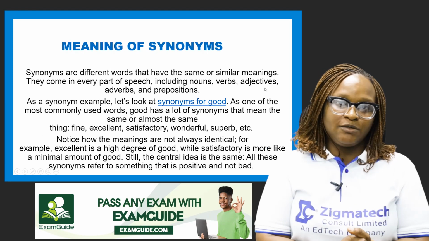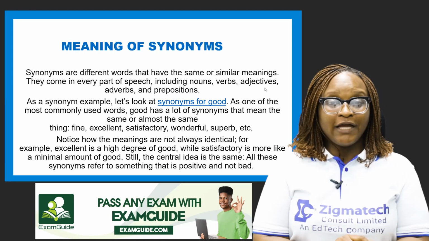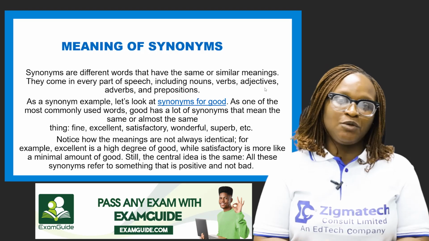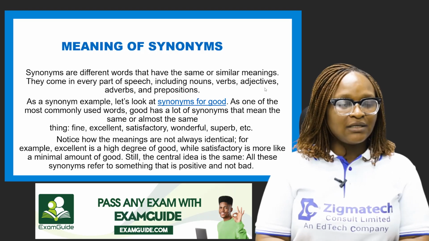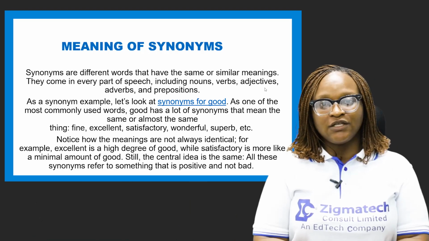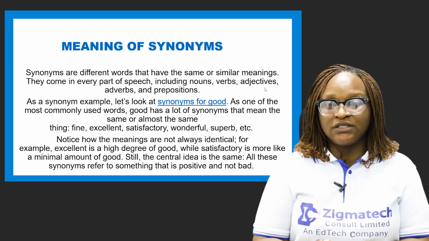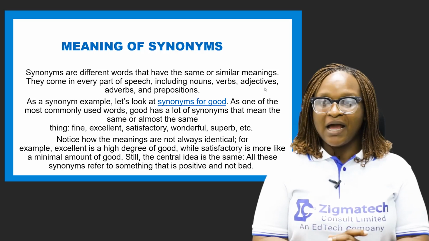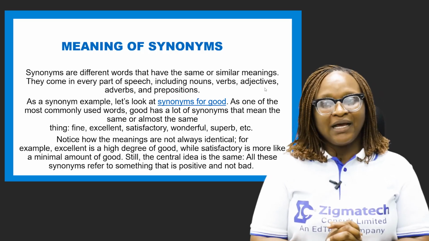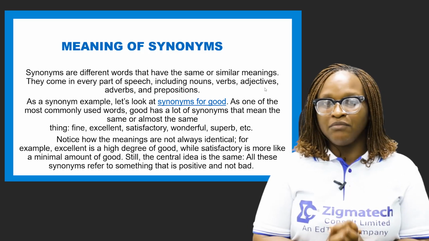Now, meaning of synonyms. Unlike antonyms, synonyms are words that are similar in meaning. In our previous class, when we talked about antonyms, we said that antonyms are words opposite in meaning. Synonyms, on their own, are words that have the same or similar meaning.